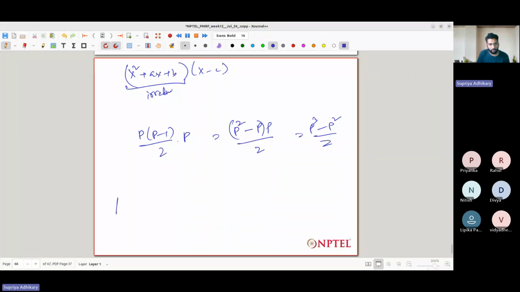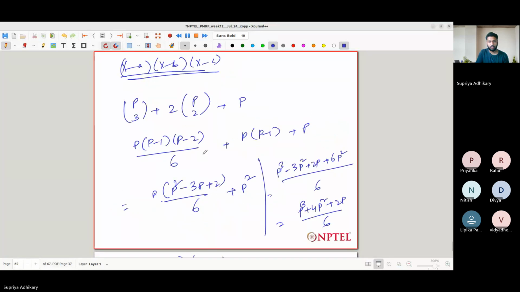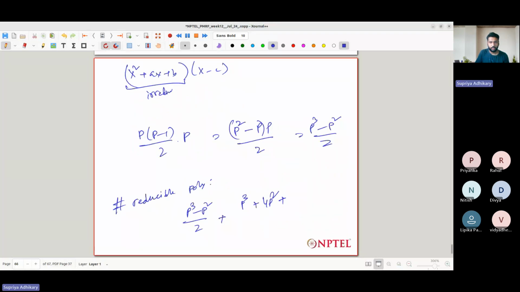So the total number of reducible polynomials should be p cube minus p square over 2 plus p cube plus 3p square plus 2p over 6.